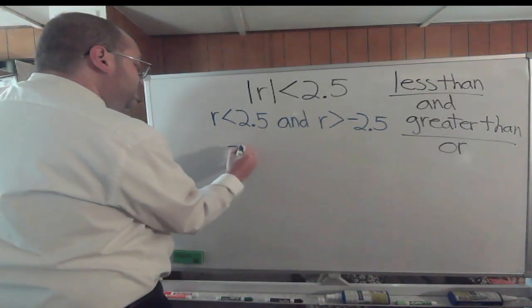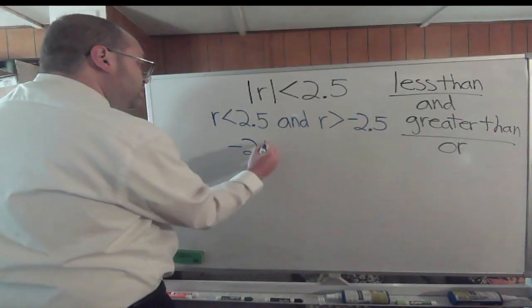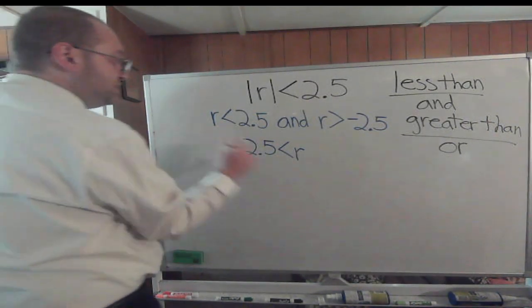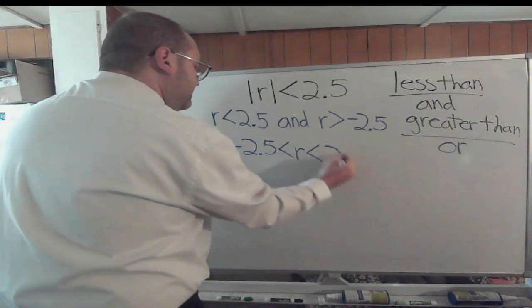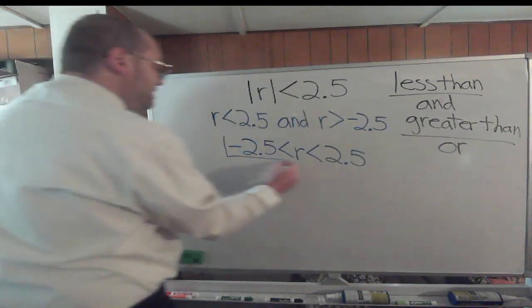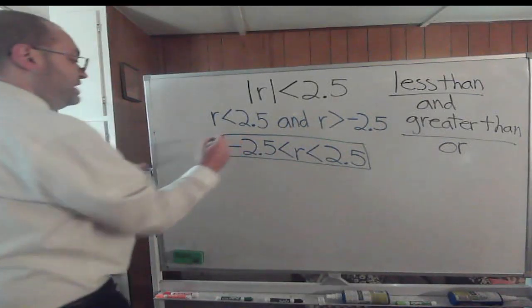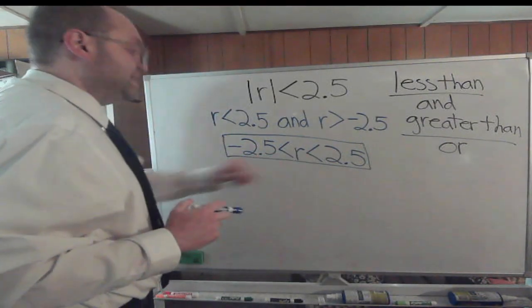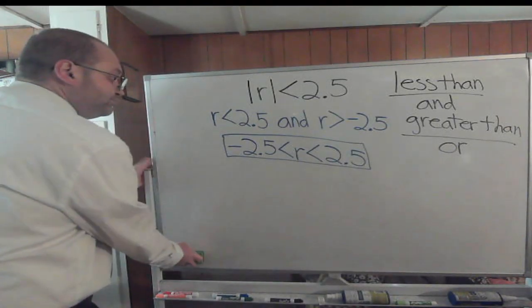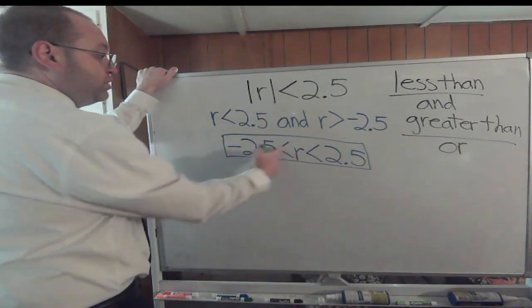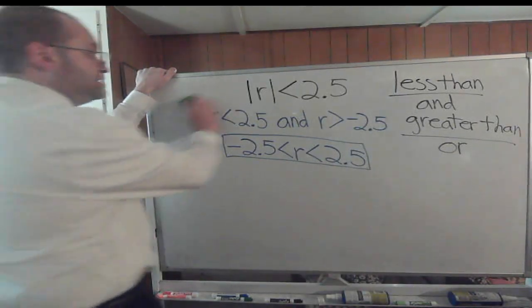That means -2.5 would be less than r, and then we know r is less than 2.5. So what you would really get here is that -2.5 is less than r, which is less than 2.5. That would be your combined inequality. That would be the answer to this.